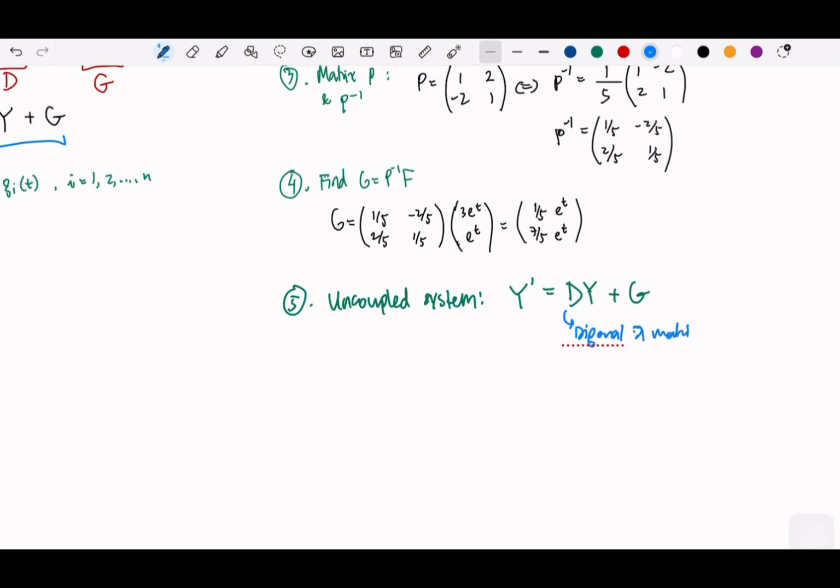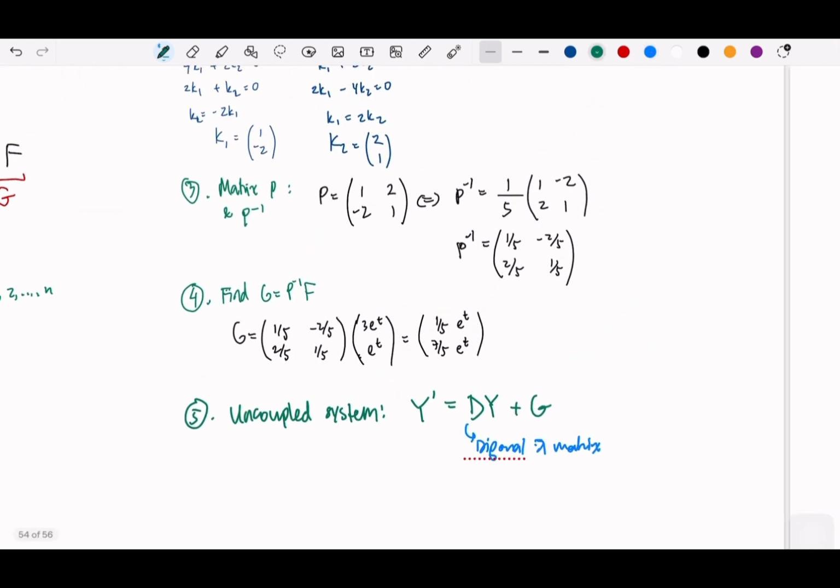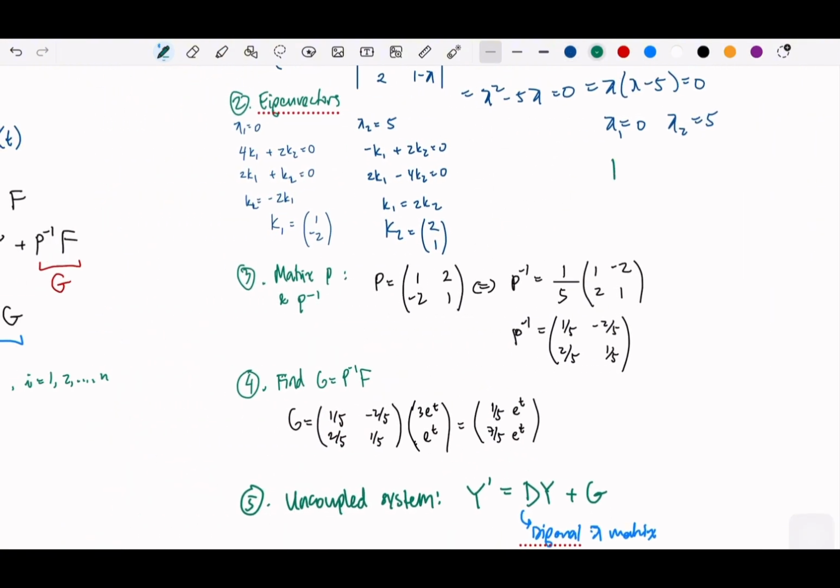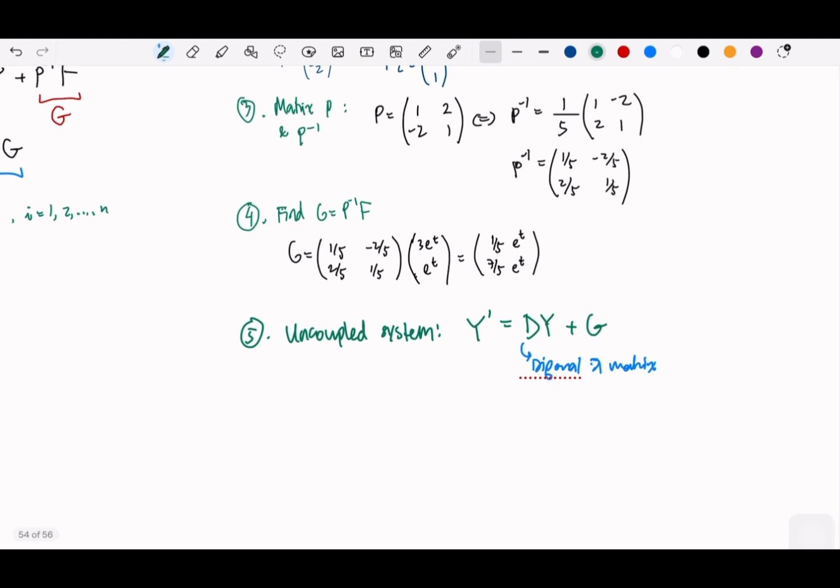In our case, since our eigenvalues are 0 and 5, we can write here that D is 0, 0, 0, 5. Right, that's our D based on these eigenvalues. So we can put everything into the equations. So y prime equals 0, 0, 0, 5 y plus this 1 over 5 and 7 over 5 e^t.